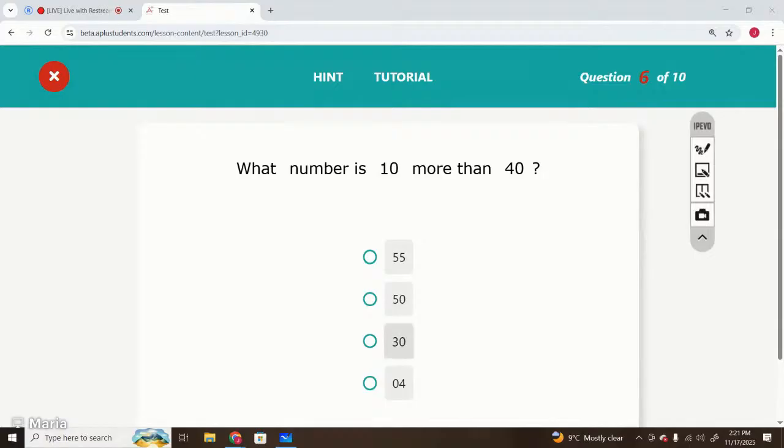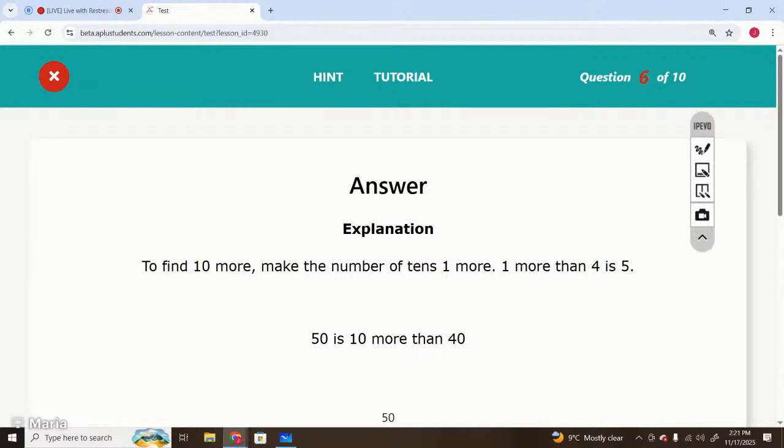The correct option is option number 3. 30 it is. Oh, we have to find 10 more then.